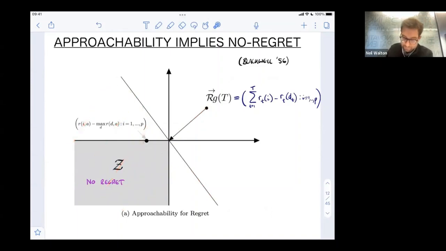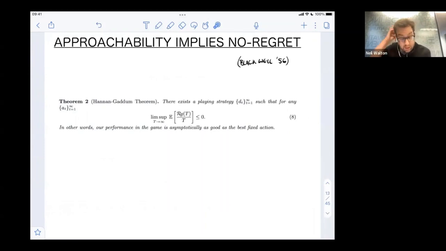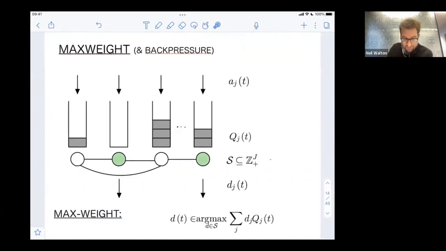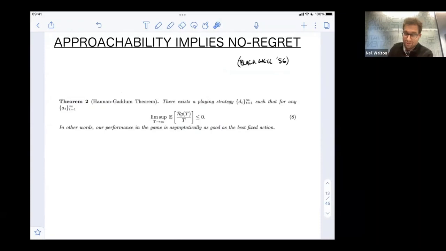Right, and so that's the result. It was originally called the Hannan-Gaddum theorem, and in 1956 it was proven by Blackwell. Now I'm going to switch gears and start to talk a little bit about queuing. So that makes a connection between approachability and online learning algorithms, which is a well-established one that has existed for a long time, since 1956.